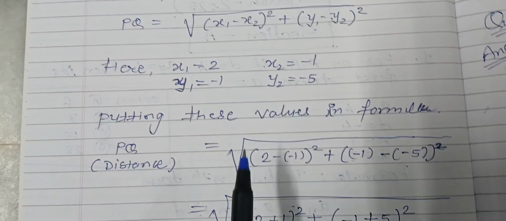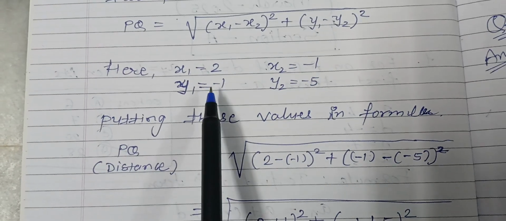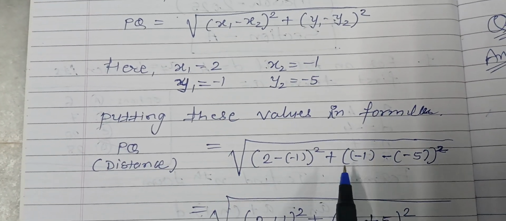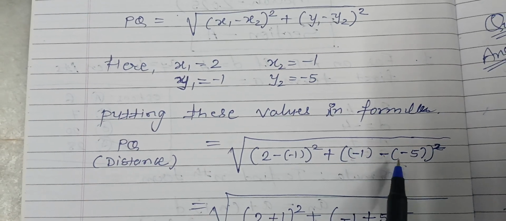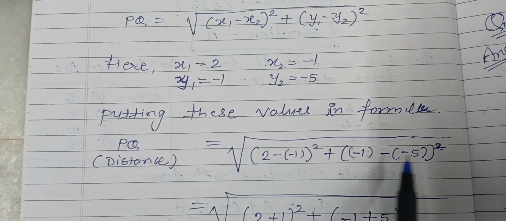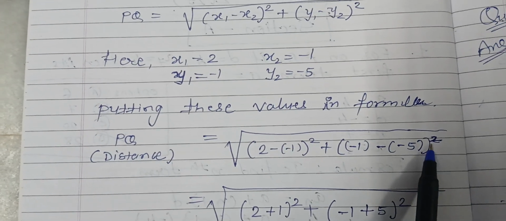Plus, what is y1 here? y1 is minus 1 and y2 is minus 5, so y1 is minus 1 minus (minus 5), then the whole bracket is complete and has a square.